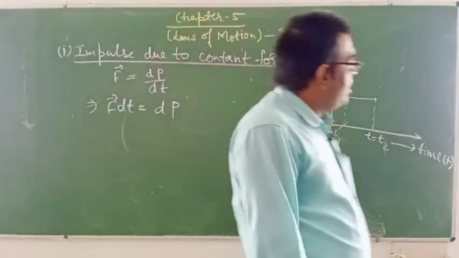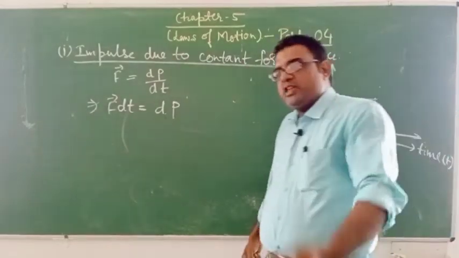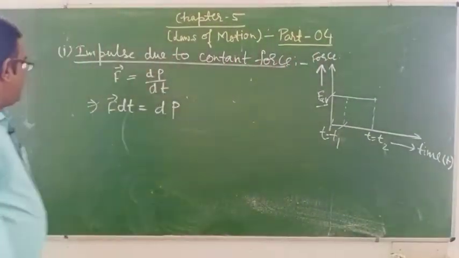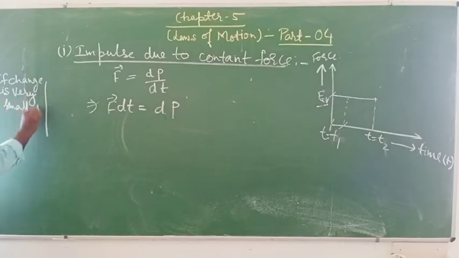About differential, I had told you, if the time interval or the change in momentum is very small, then delta t tends to 0 and it can be treated as dt, and delta p tends to 0 and it can be treated as dp.